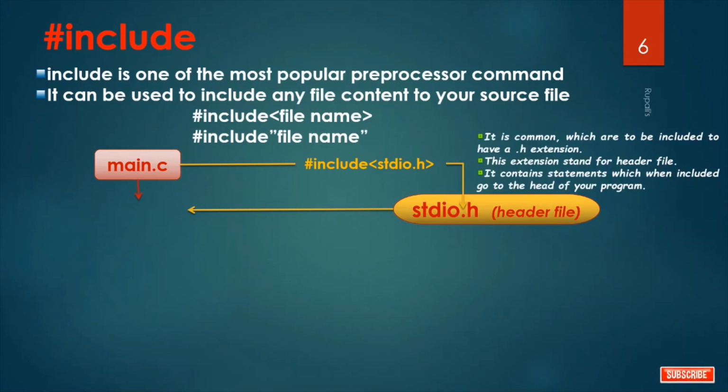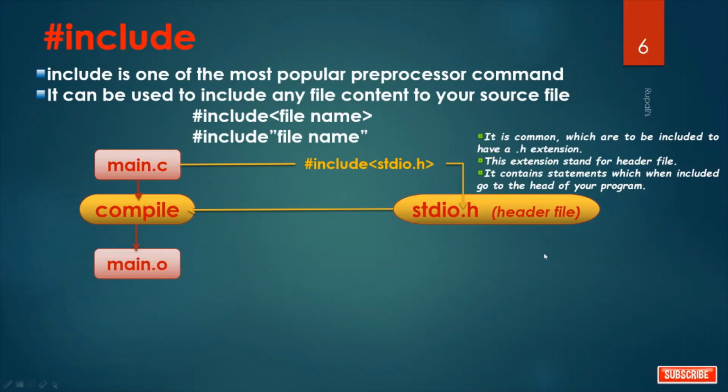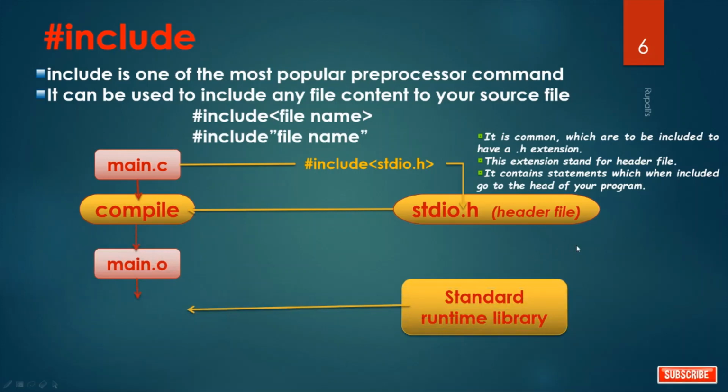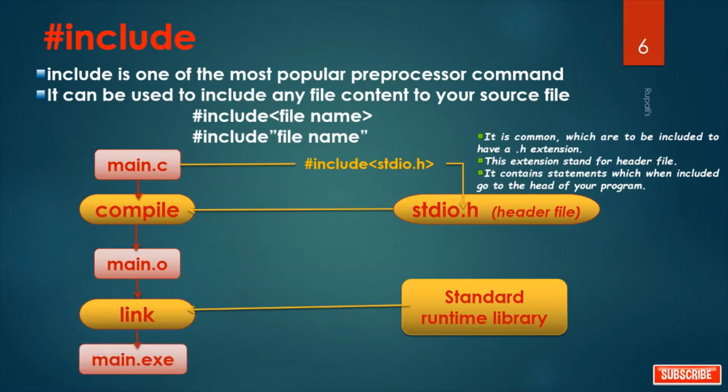It contains statements which, when included, go to the head of your program. Then when the compiler compiles the program, it generates an object file, and the linker links library code with the object file and generates the exe file. In this way inclusion of a header file is possible by the hash include preprocessor command.